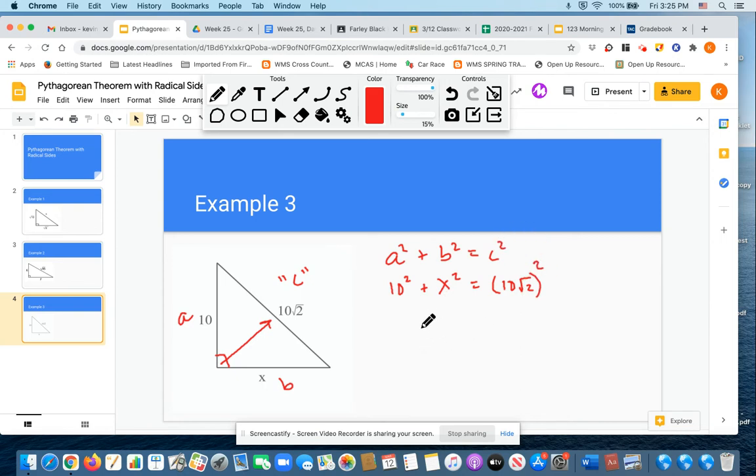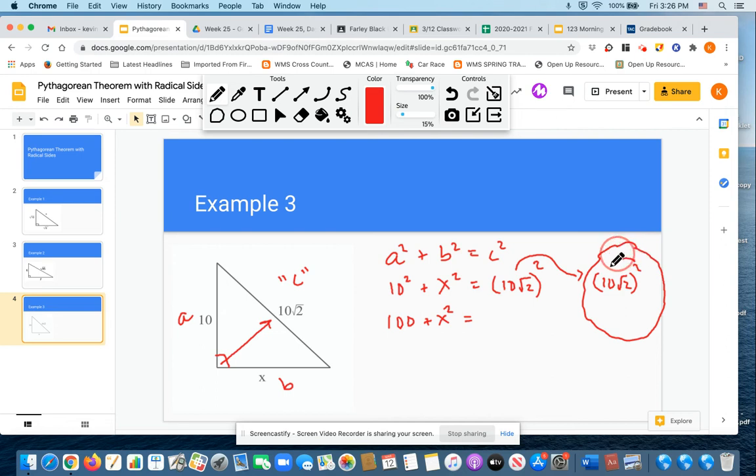All right, let's clean it up. Here we go, 10 squared, 10 to the second power, is 100. I'm adding an x squared to that. And here is the first time you are going to run into a little problem. I want us to take this expression over here, put it in a little cloud for a minute, and let's think about it. 10 times the square root of 2, squared. That's what it says I'm doing.